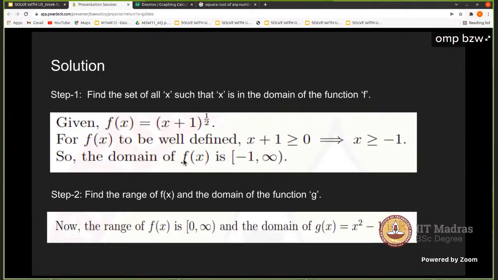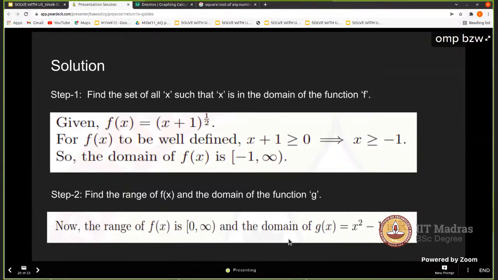This particular range, 0 to infinity, can go into g of x. No filtering is happening. All of this 0 to infinity is well defined in this function g of x. So that means whatever values x takes to get the range as 0 to infinity is the domain of this composite function.